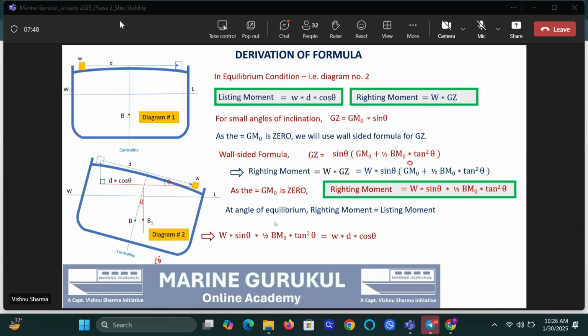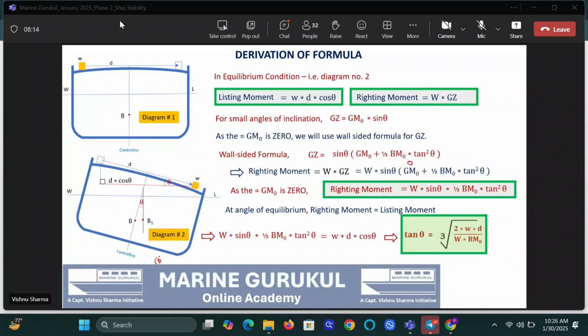This will then become the cube root of 2 into small w into small d upon displacement into BM initial. Please have a good look at it. This formula is used to calculate list when the vessel's initial metacentric height is 0. You can learn the formula.